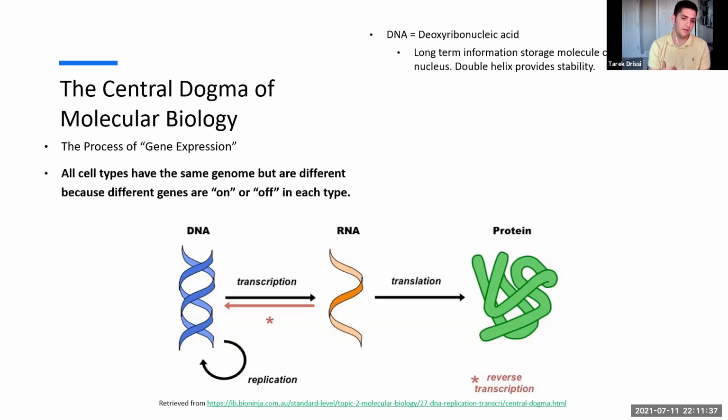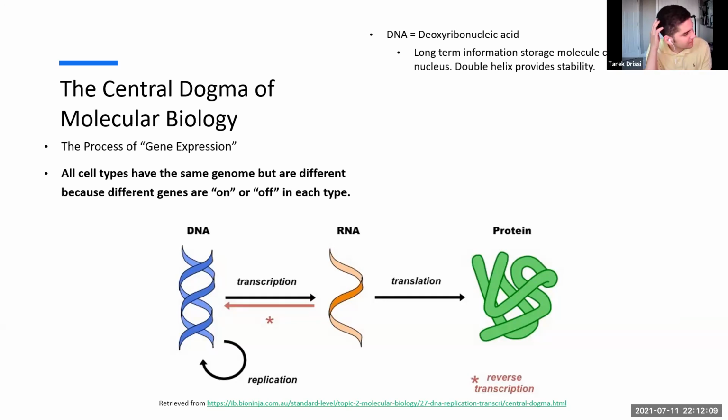It's a physical thing, but the physical thing is in a certain order that tells the cell what the sequence is. So DNA essentially serves as a long-term information storage molecule contained in the nucleus. The double helical structure provides stability, so we don't get the DNA breaking down over time, because of course you want your DNA that encodes everything about your body to stay intact your whole life, right? So it's very, very stable.